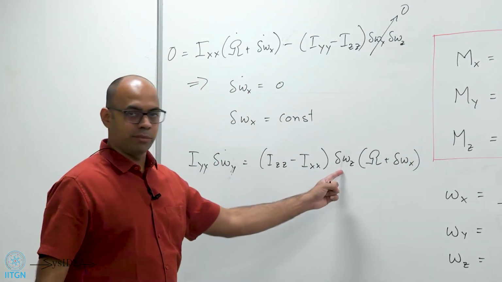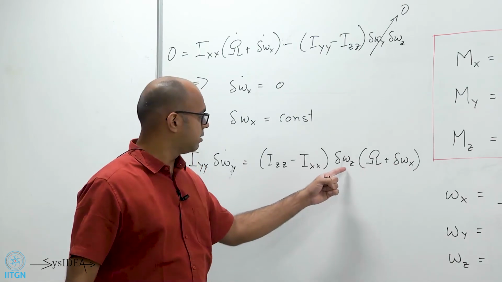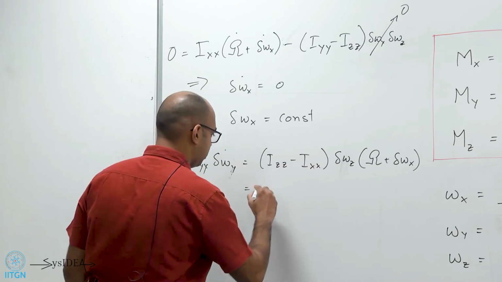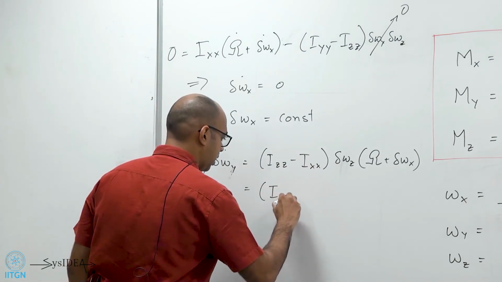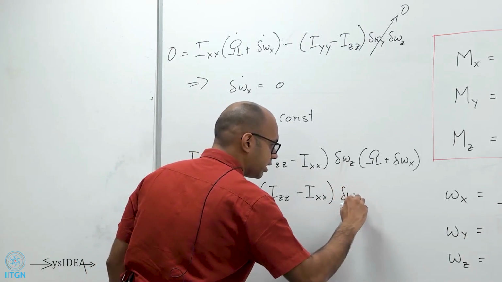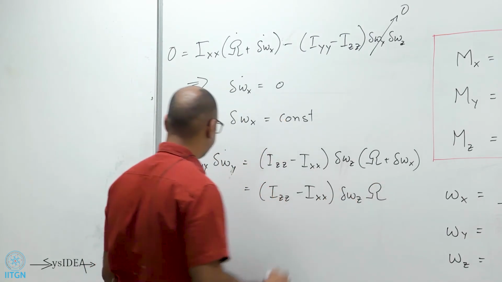Here again the product of these 2 small things can be neglected, so I am only left with one product, which is delta omega z multiplied by capital Omega.